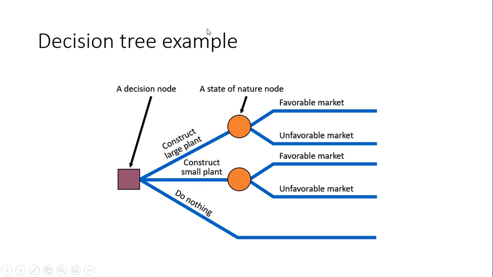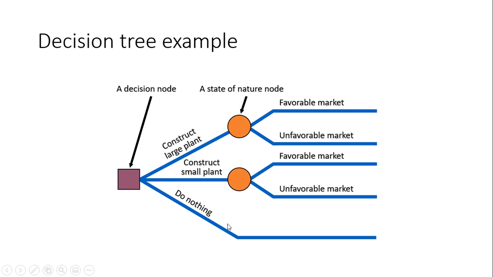Here, your decision node, or your main problem to be solved, will be expressed by the purple square. From this decision node, you will find three branches.